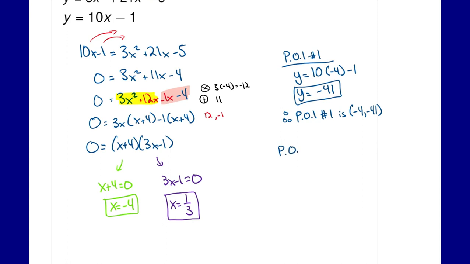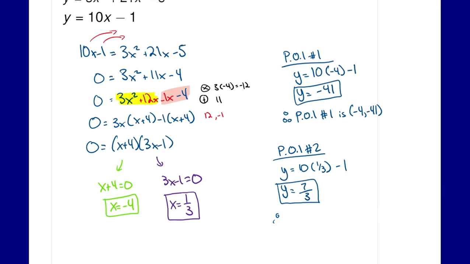I have a second point of intersection using the other x value that I got. I'm going to plug it into the same one. So 10 times 1/3 minus 1. So this works out to 10 thirds minus 3 thirds gives me 7 thirds.